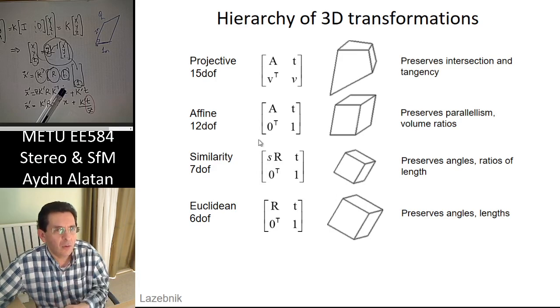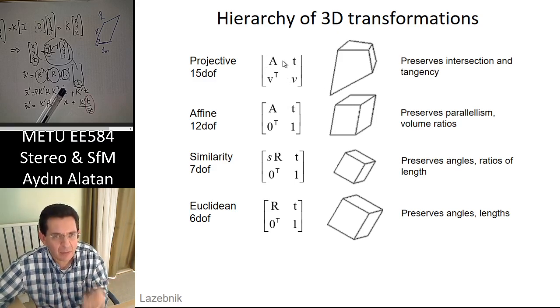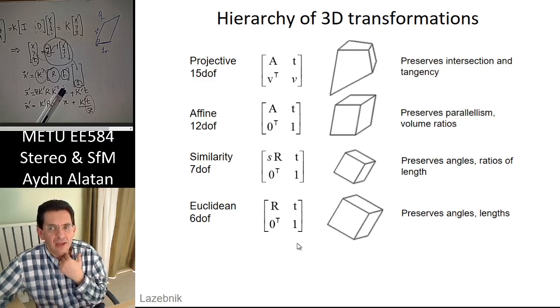Okay, how about our 3D transformations? This is our Q, completely arbitrary projectivity, 16 numbers, 15 degrees of freedom due to being up to a scale transformation. Okay, affine: A is 3 by 3 arbitrary, t is arbitrary. Therefore, you have 9 plus 3, 12. Here, rotation, 3 degrees of freedom, 3 translation, 3 degrees of freedom, with similarity scale, 7 degrees of freedom, and finally, the Euclidean transformation.